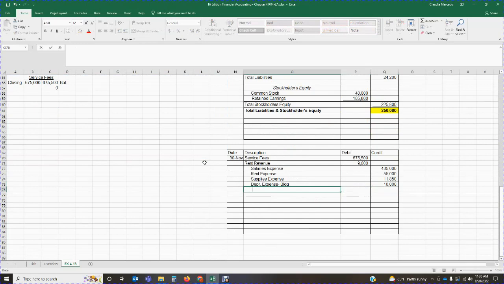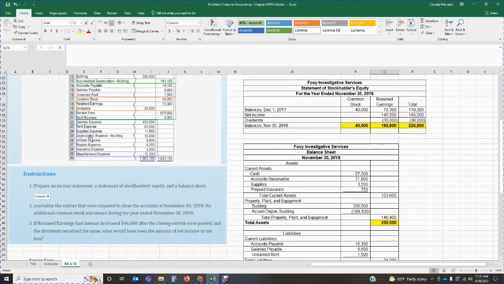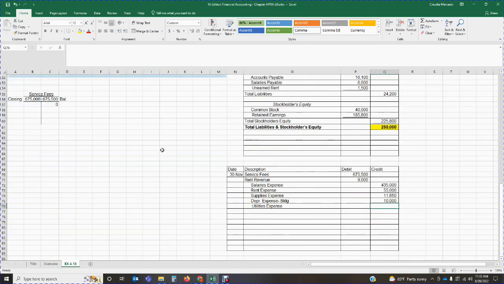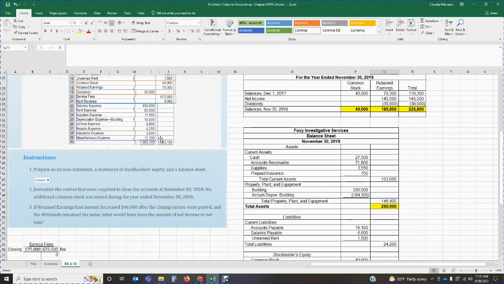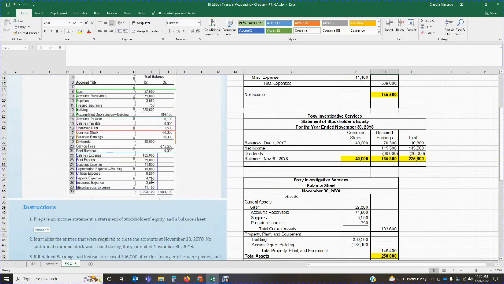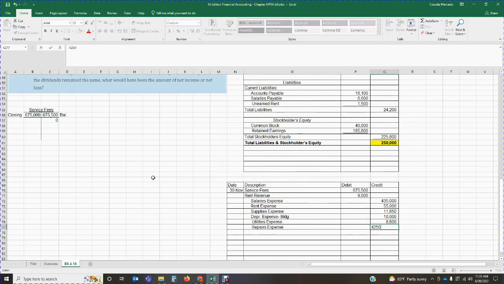Next we have utilities expense. My utilities expense is 8,800. Okay. Repairs expense, 4,250. So we are zeroing out all of our revenues and our expenses. Insurance expense.